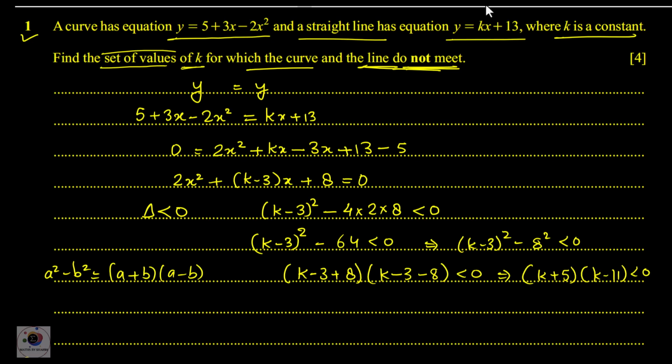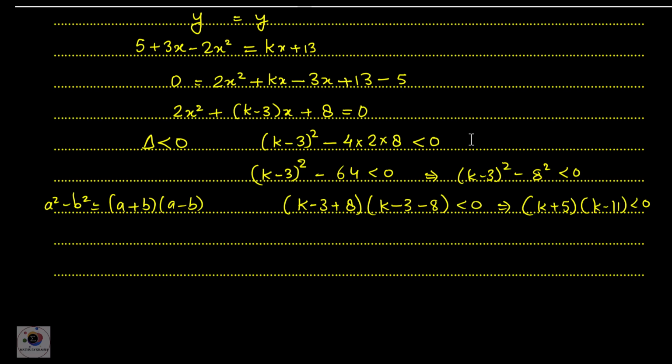Now we can find the solution of this. If we consider this a quadratic equation, then we have the two solutions, negative 5 and positive 11, and then we'll draw the graph to make it clearer. The coefficient of k squared is positive, so it is a cup-shaped curve, and hence we got two solutions here, negative 5 and positive 11.